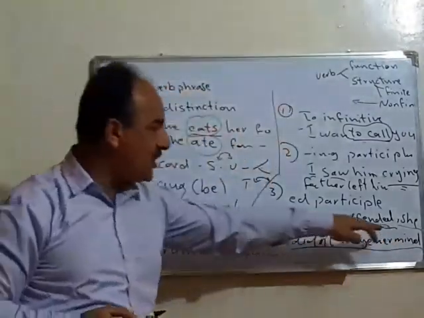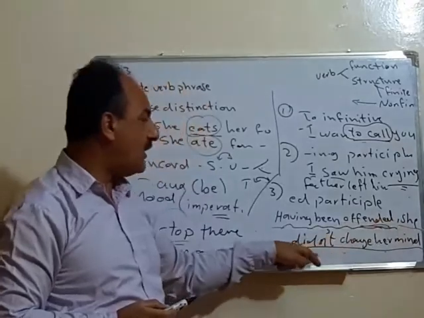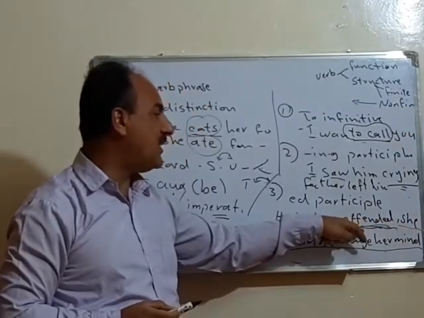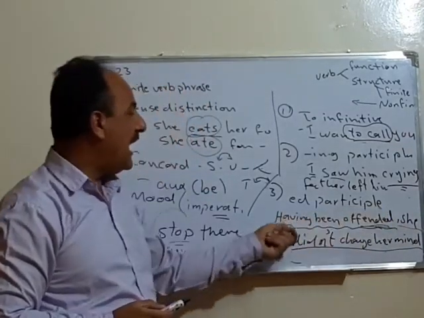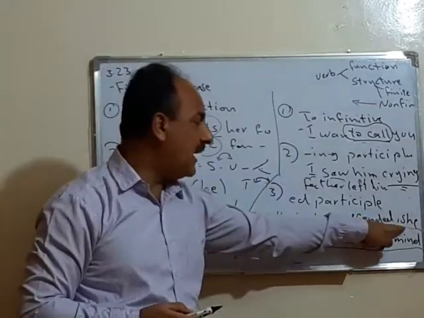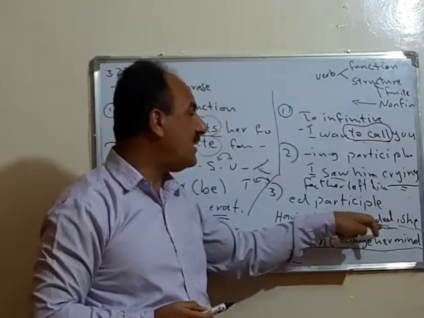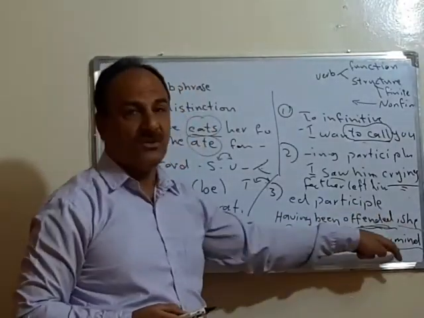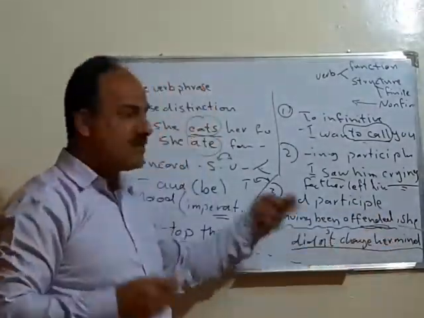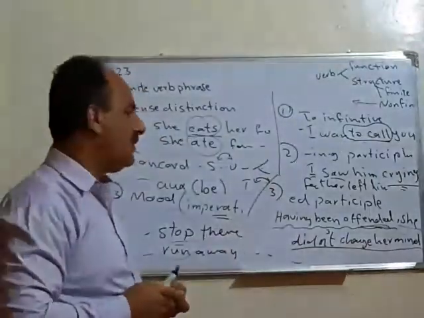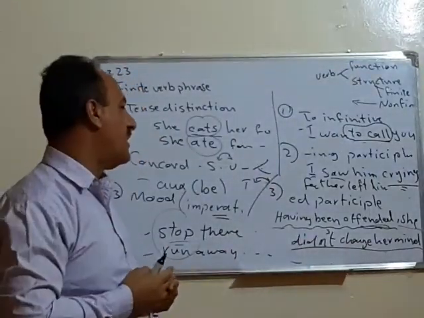Offended, even if we change the subject here, the verb here doesn't change, we keep this one. For example, we say having been offended, he didn't change his mind. Or having been offended, we didn't change our mind. Change mind means change opinion and attitudes. That does not mean to change the brain.